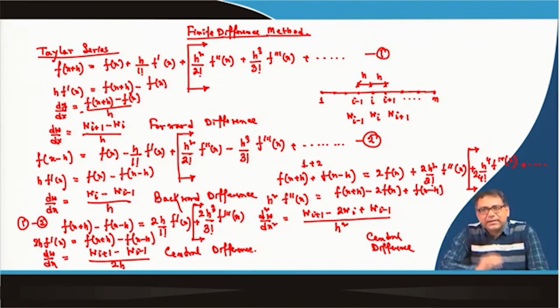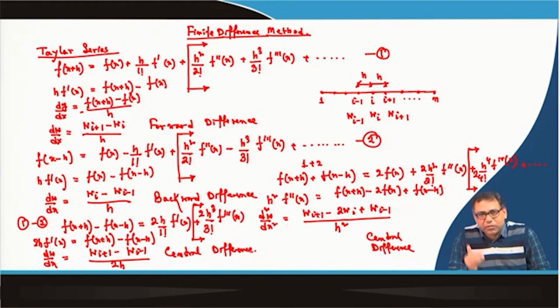Clear? So, in that sense the central difference scheme is less erroneous compared to the forward and backward difference schemes, because obviously there are some errors, since we are neglecting some terms, and our aim is to get the solution which is very close to the closed form solution.